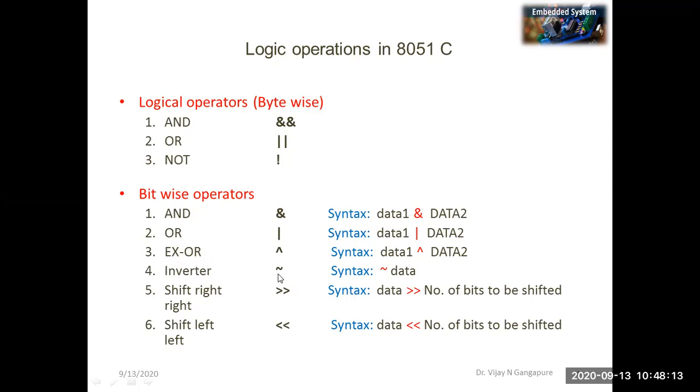Inverter means tilde operator. Shift right means two greater than signs, and shift left means two less than signs. So we use these operators while programming to do bitwise logical operations.